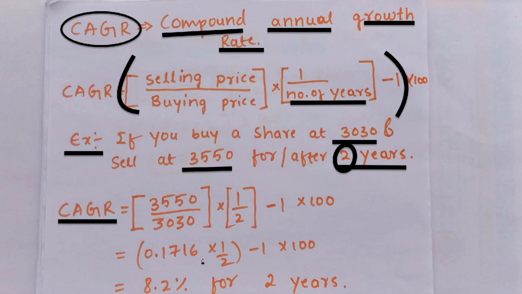That gives 0.1716, into 100, which gives 8.20 percent for 2 years as the CAGR. This is called CAGR.